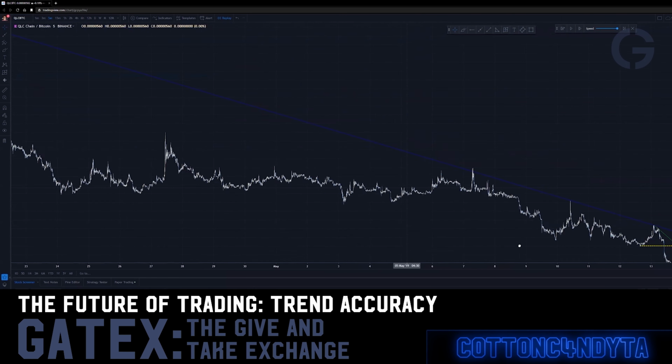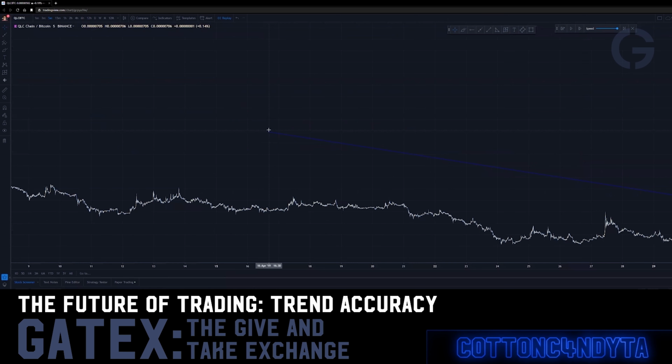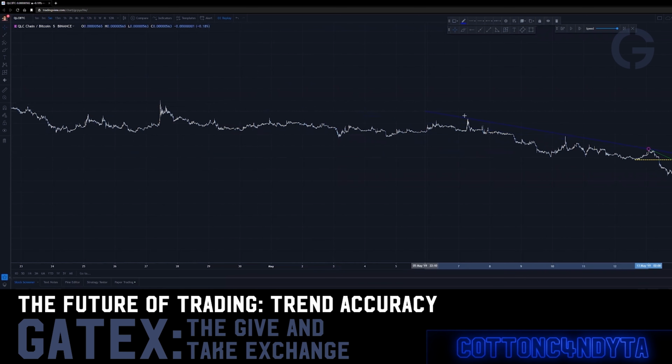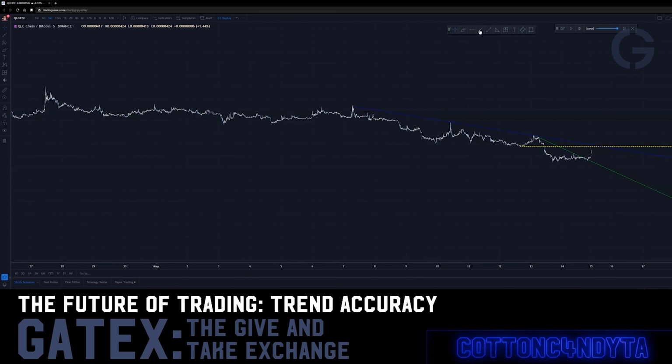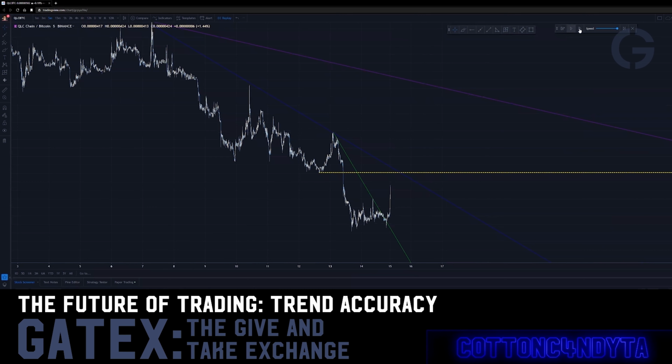There to there to there. Yep, so that would be it right there. Like this right here. And then you would have, oops, Mr. Purple, like that. This is a 5-minute chart, so with respect to it being a 5-minute chart, just keep that in mind. We're not charting that far back.